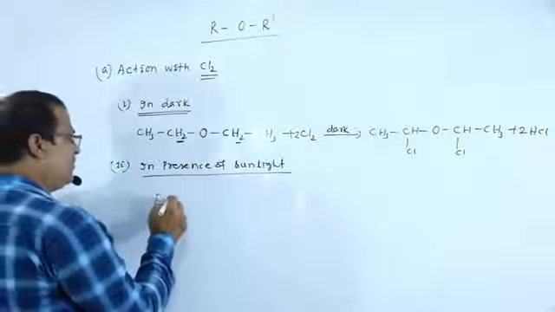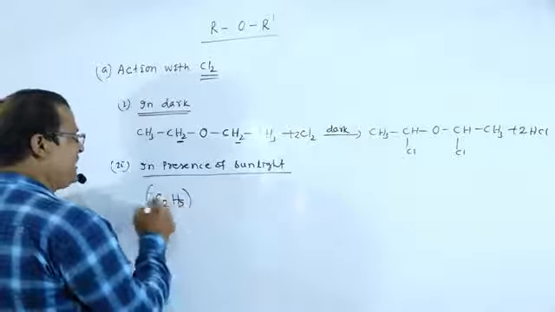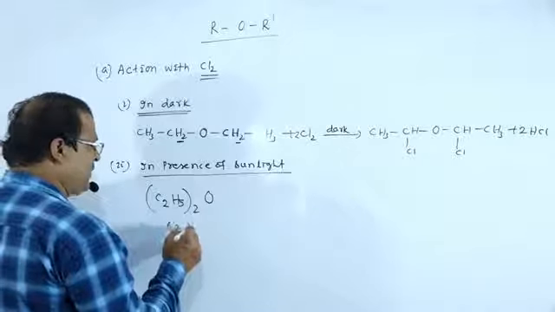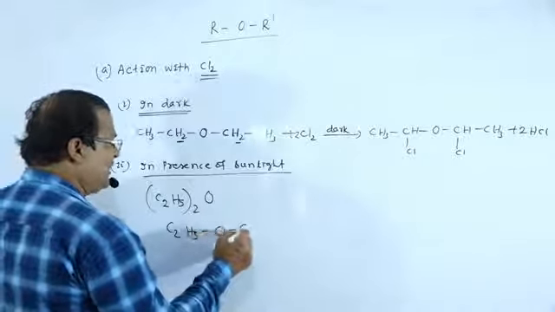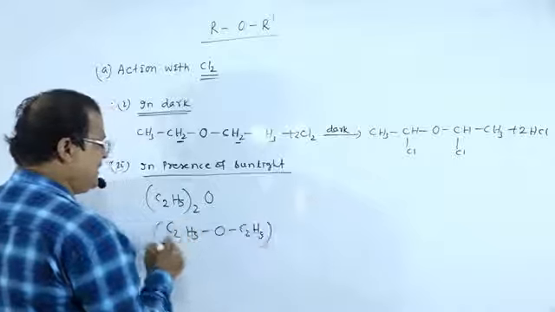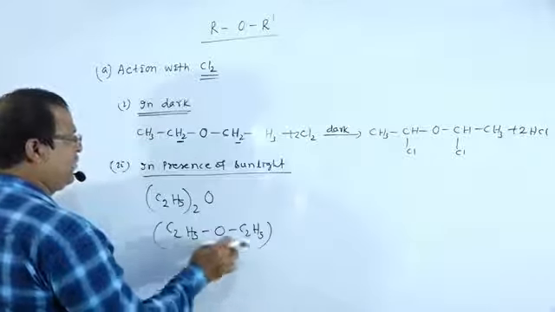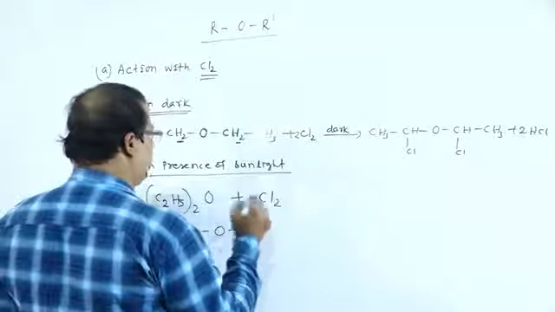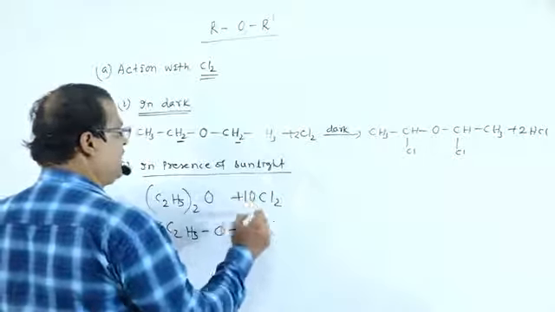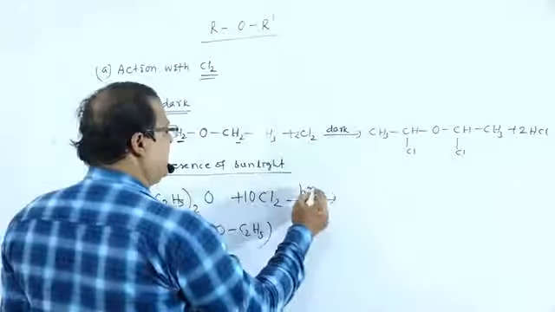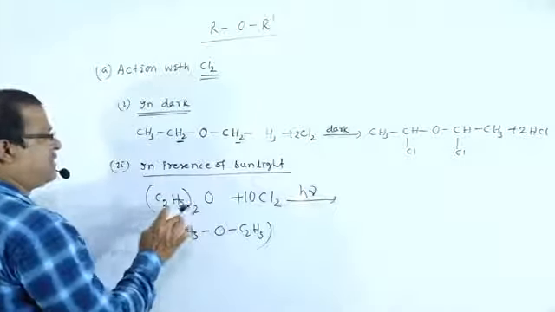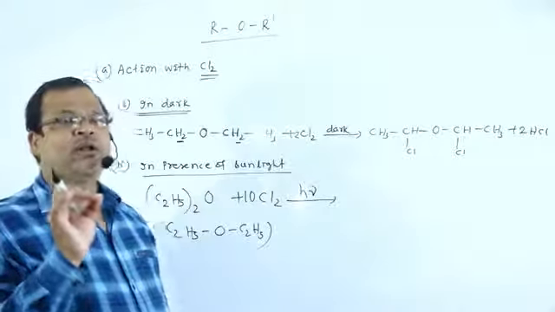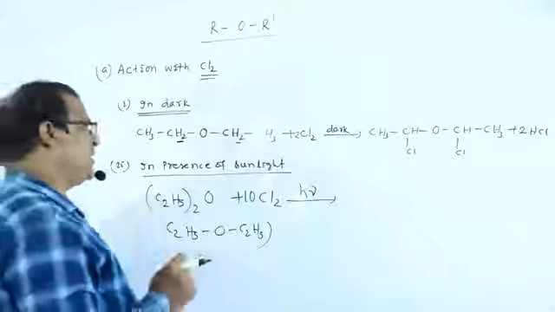So (C2H5)2O, or you can take C2H5OC2H5, same thing, when treated with chlorine in presence of sunlight, all the hydrogen atoms, not only from the alpha position but also from the beta position, are replaced by chlorine.